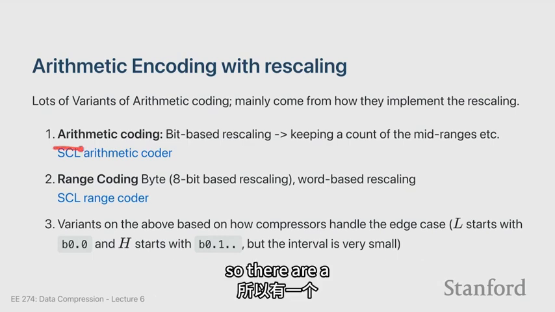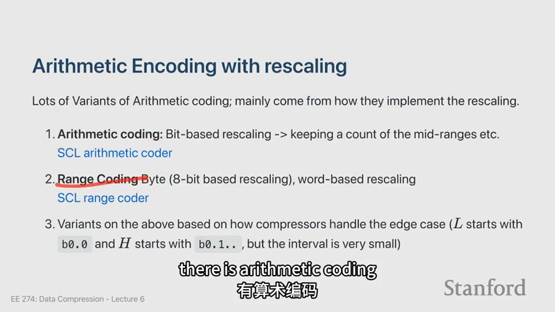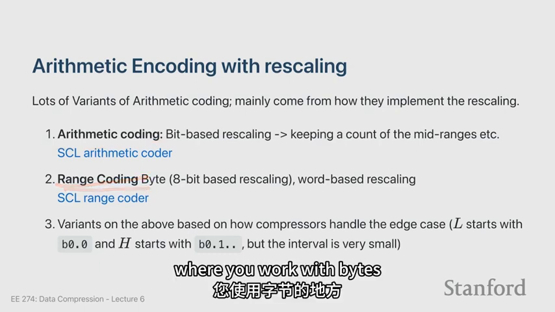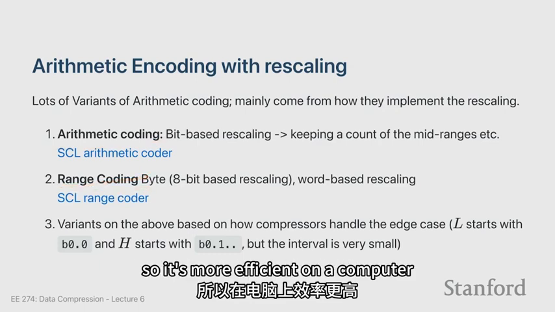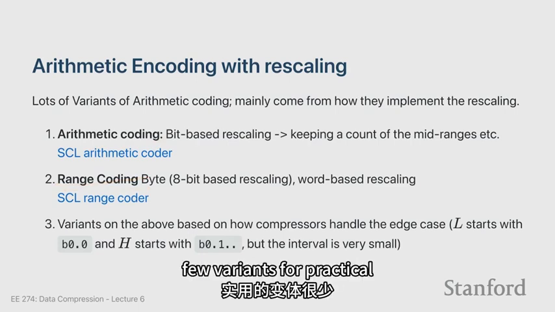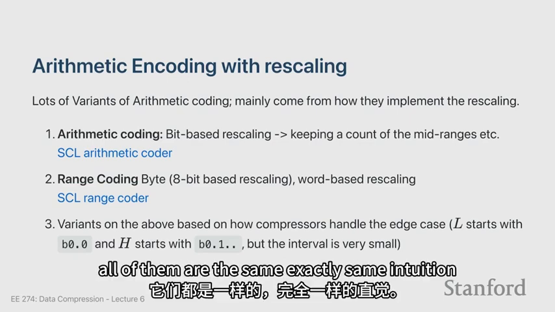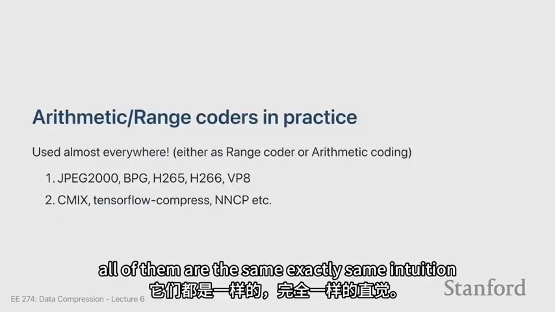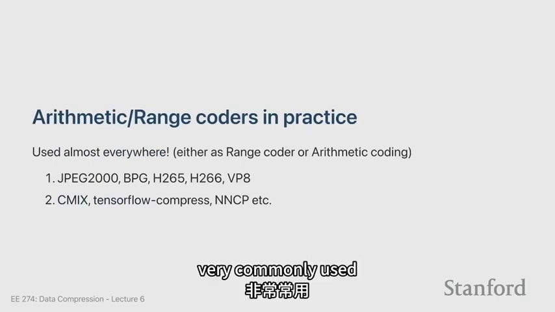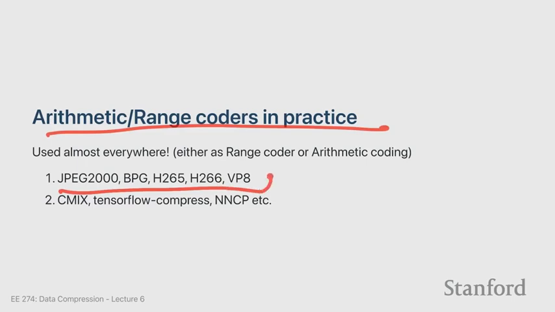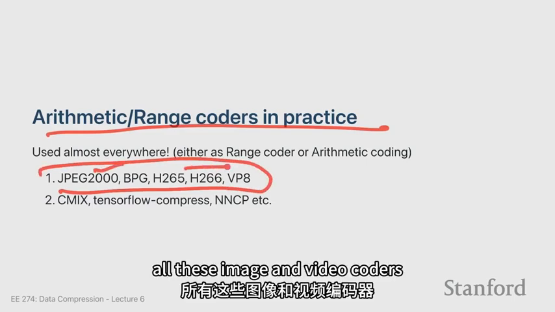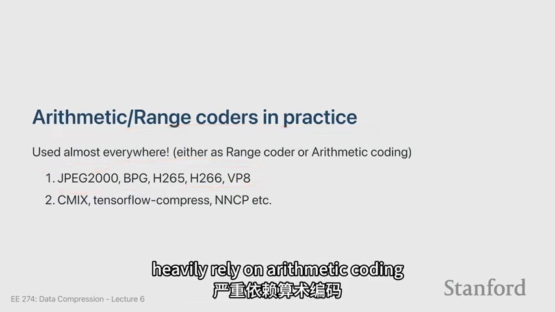There are a few variants here. There is arithmetic coding, and there is something called range coding where you work with bytes, so it's more efficient on a computer. For the purpose of this class, all of them have exactly the same intuition. Very commonly used: all these image and video coders heavily rely on arithmetic coding.